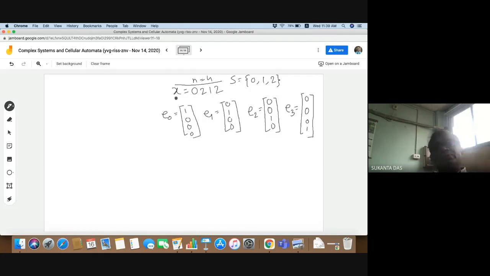So x is my configuration which I want to represent as a vector. How can I write it? I can write it 0, 2, 1, 2, right? So you understand this.